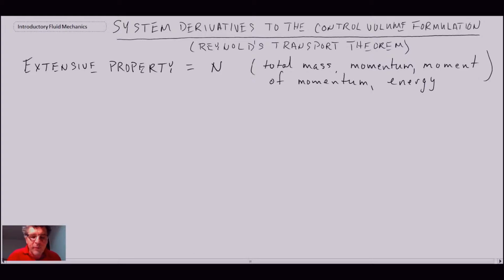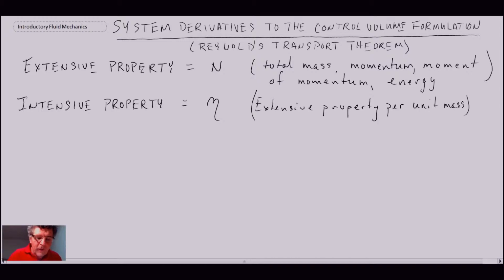So the extensive properties that we're going to be dealing with, I mentioned mass, momentum, moment of momentum, and energy. And we can also define an intensive property, which is what we will put into our equations. The intensive property is just the extensive property per unit mass.